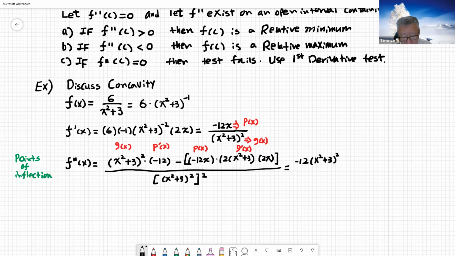The bracket over here, if I multiply these two, 2x times minus 12, you get minus 24x squared.